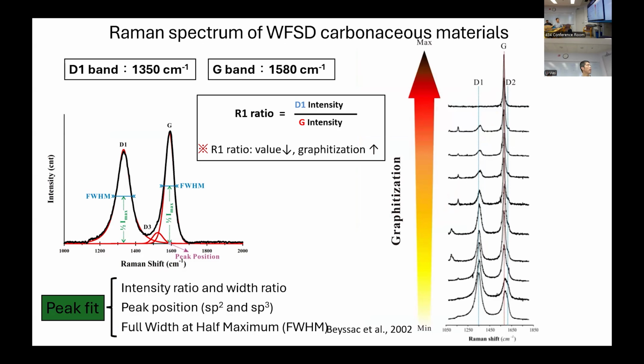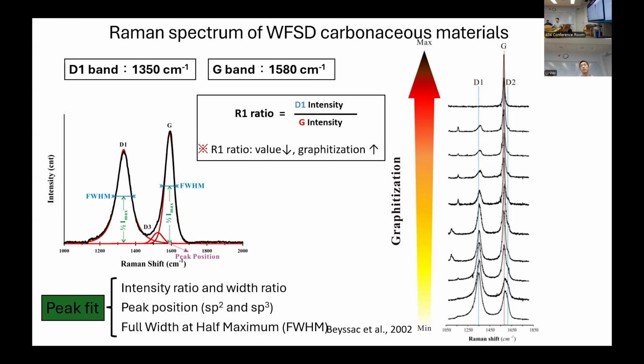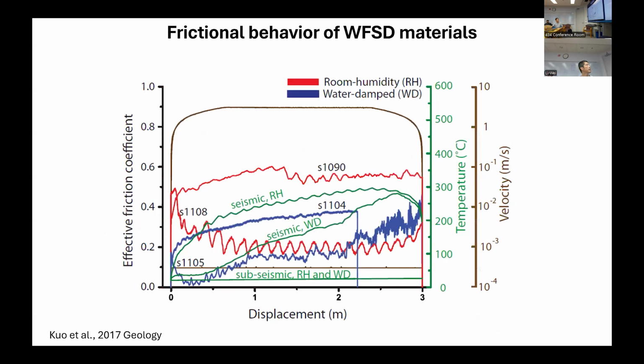We use the Raman R1 ratio, which is D1/G, and you can see the left panel here is the D and the G bands. If you have higher temperature, the defect band will lower down, and the graphite band will grow. So once the R1 ratio decreases, the degree of graphitization increases. I use Raman because it is very sensitive to carbonaceous material. So that's why I use this in this study.